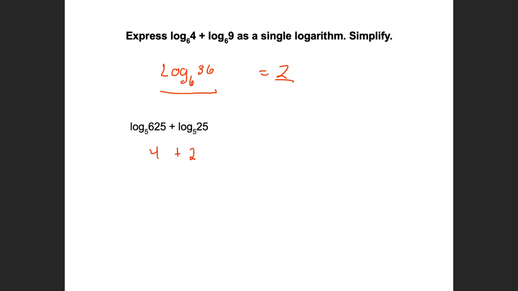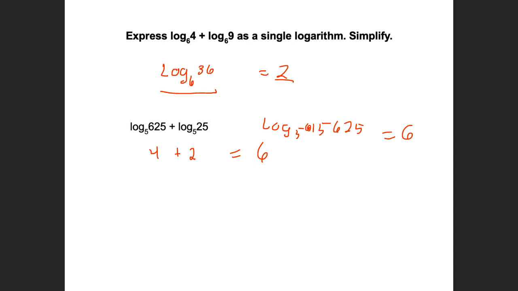So that would just reduce to 4. So this would be 6. Now I could rewrite this as a single log. Log base 5 of, okay, I don't know what 625 times 25 is. 625 times 25 is equal to 15,600. But I'll bet you that 5 to the 6th power is 15,625, so this does reduce to 6.